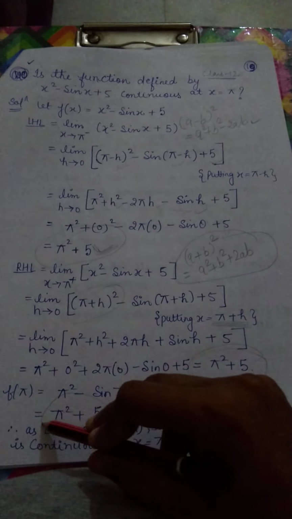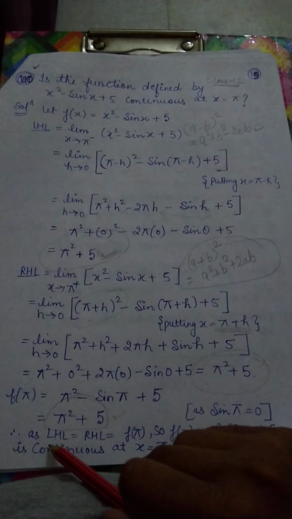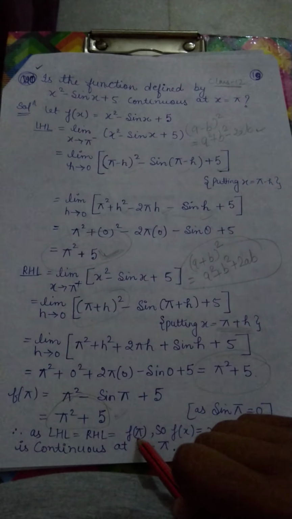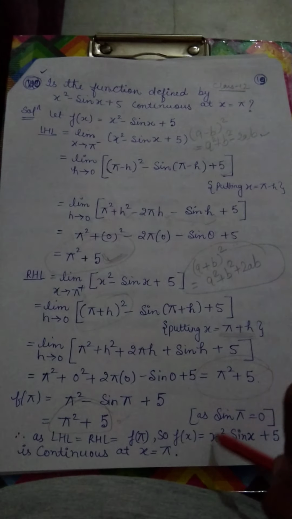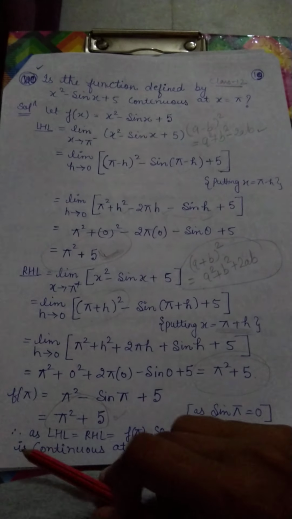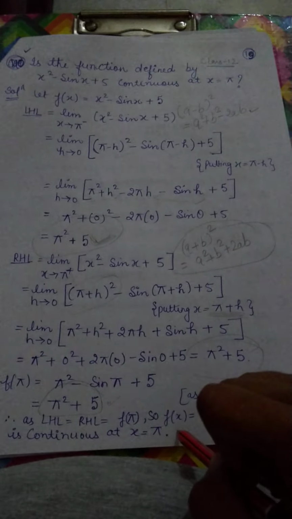These three are same. So finally I will conclude that as LHL is equal to RHL is equal to f of pi, this function x square minus sin x plus 5 is continuous at x is equal to pi. Clear?